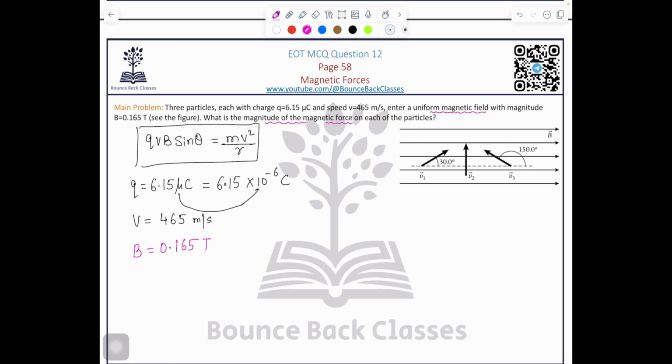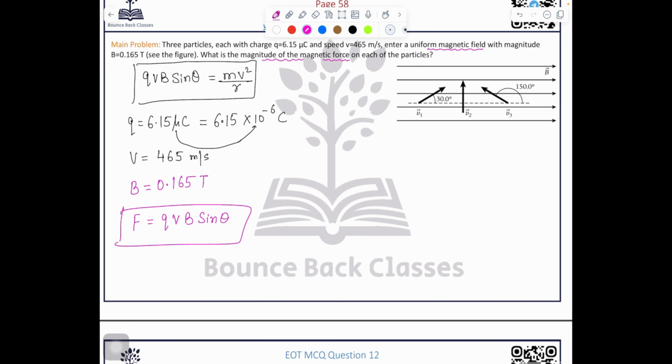What is the magnitude of the magnetic force? Okay, we are looking for force. So force we know is QVB sine of theta. Yes or no? Okay, in all the cases theta is given. Okay, change the color and change the strength also. Use it. Case 1. F equals QVB sine of theta. Place the values.